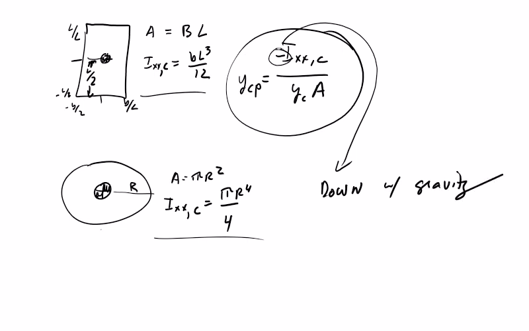If you don't use that version and you just say YCP equals IXX over YCA and you calculate it yourself, then you don't need to do that because your origin was at the top of the surface, right? So I'll draw our little surface again. Here was your origin in green, and so the Y you get is just the right distance for your center of pressure, the absolute distance from here, okay?